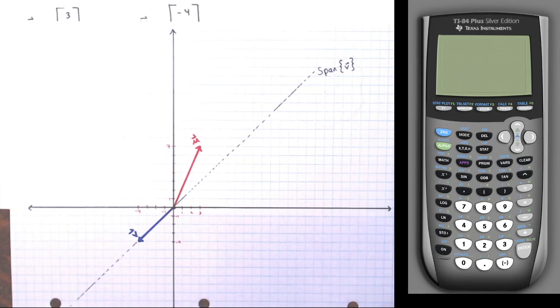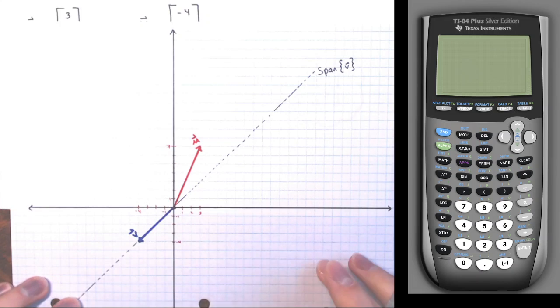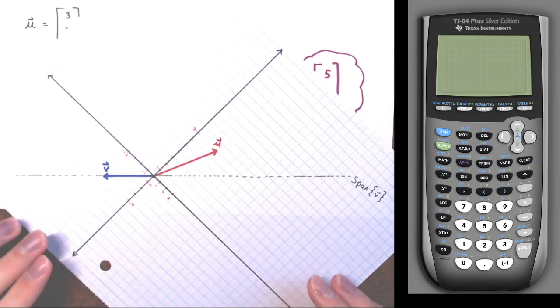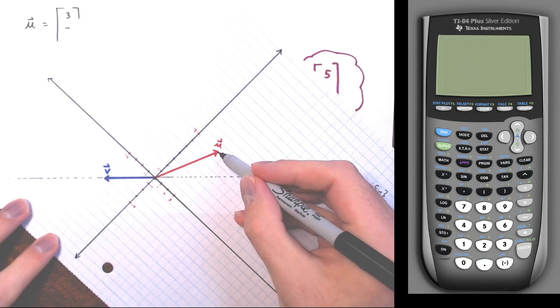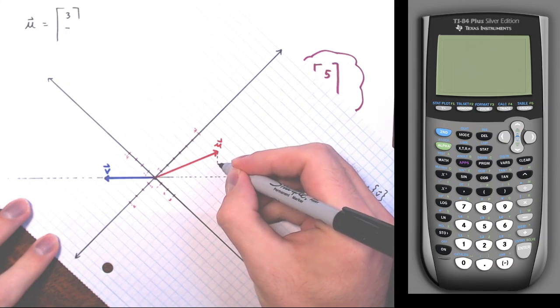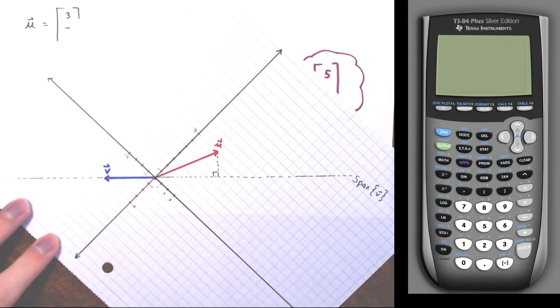And so the projection of U onto V, remember, to draw that projection in R2, I go from the tip of U and I draw an orthogonal segment, forming a 90-degree angle with the line containing V, or with the span of V. And then this vector is our projection vector.